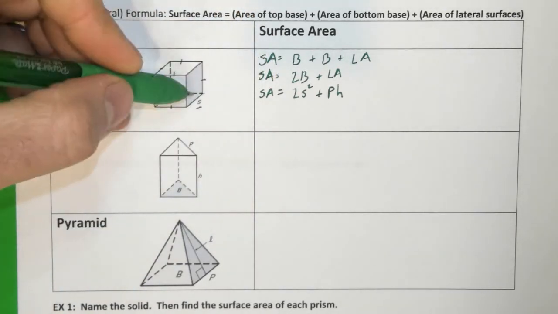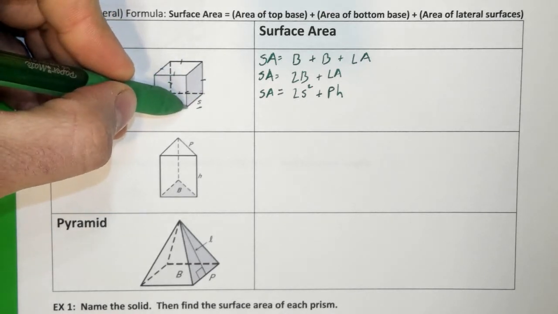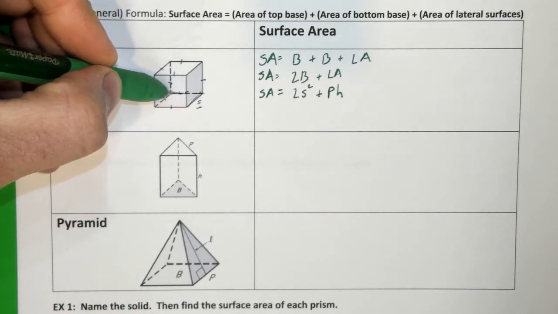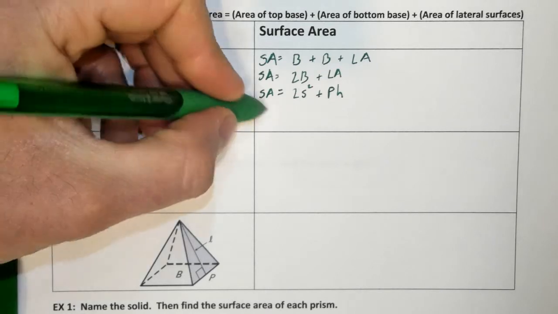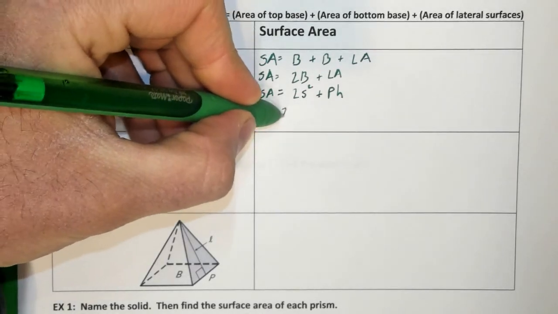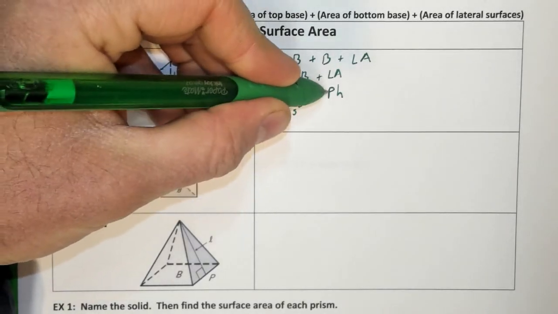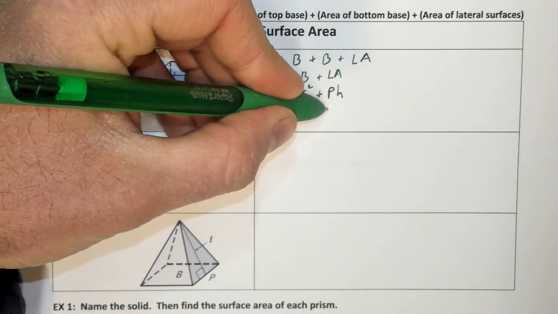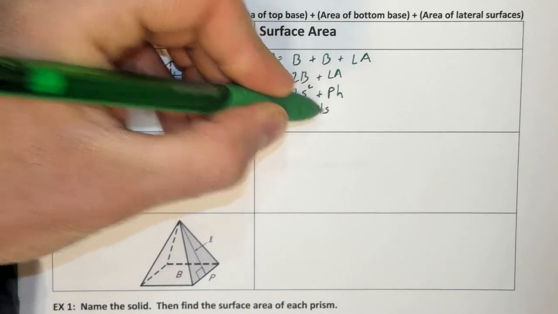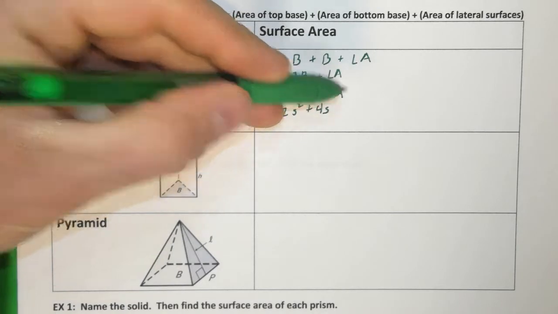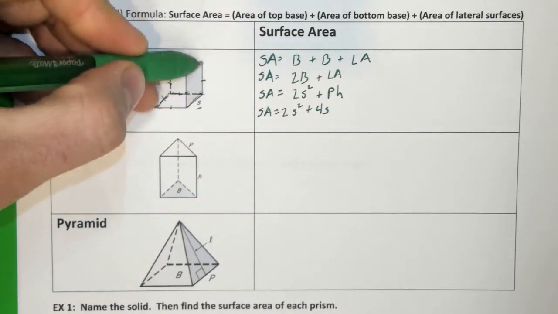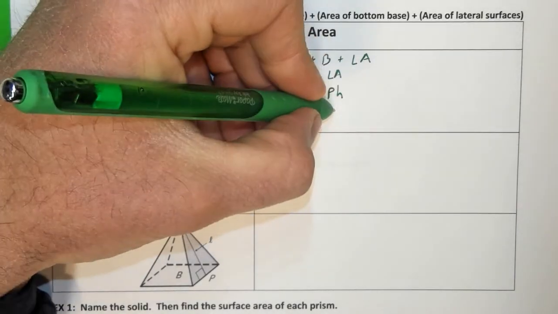So for our cube, we know that the perimeter is going to be 1 S and 2 S's and 3 S's and 4 S's. So that means that my perimeter right here is now 4 S's. And now let's talk about height. Height also on a cube happens to be S again.